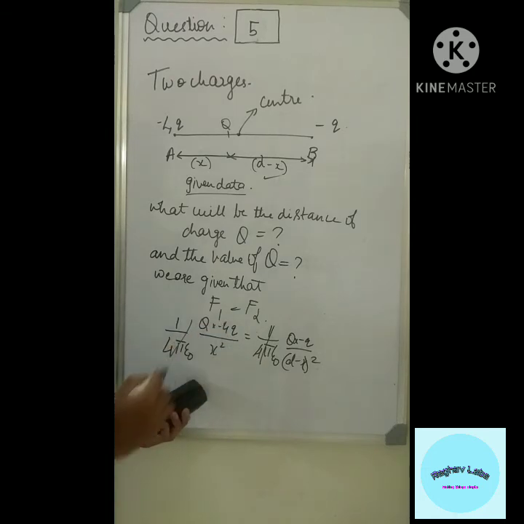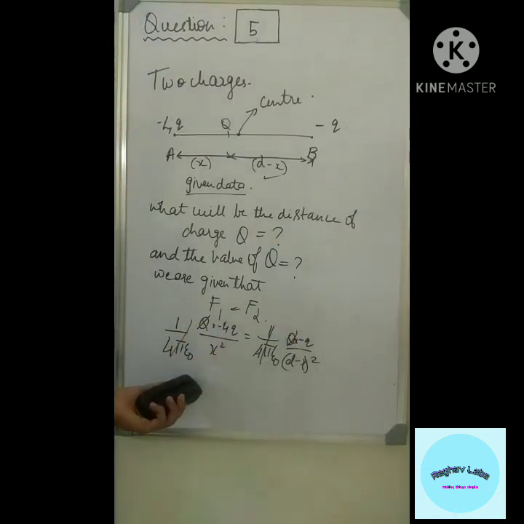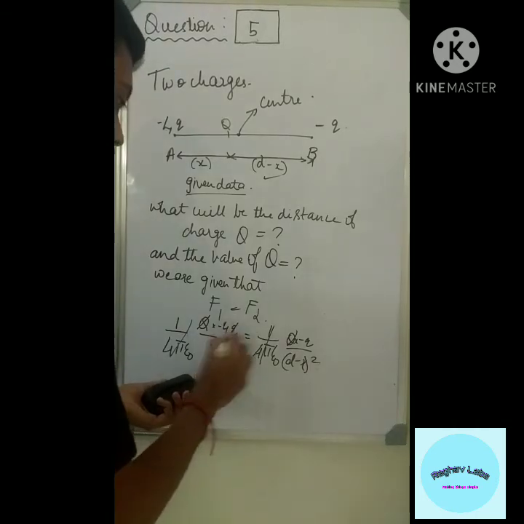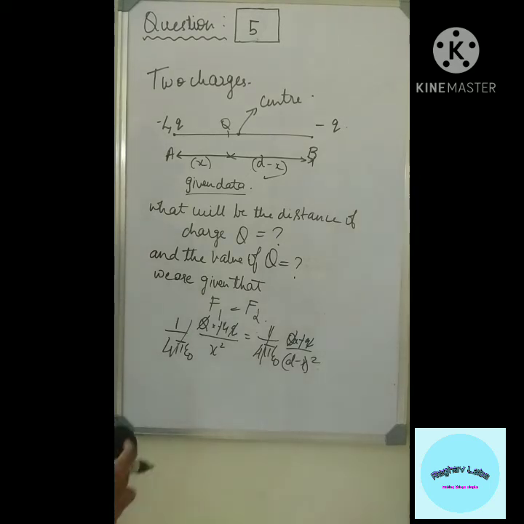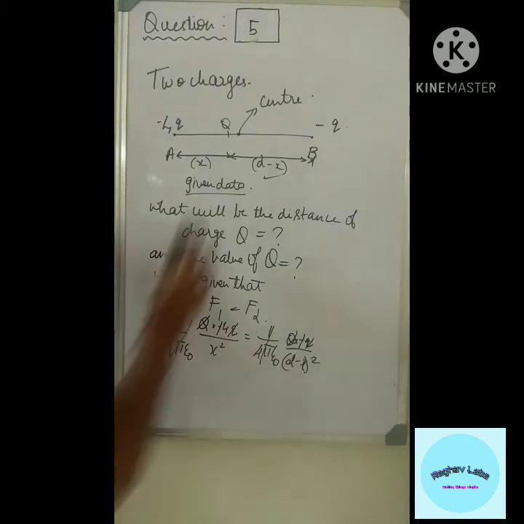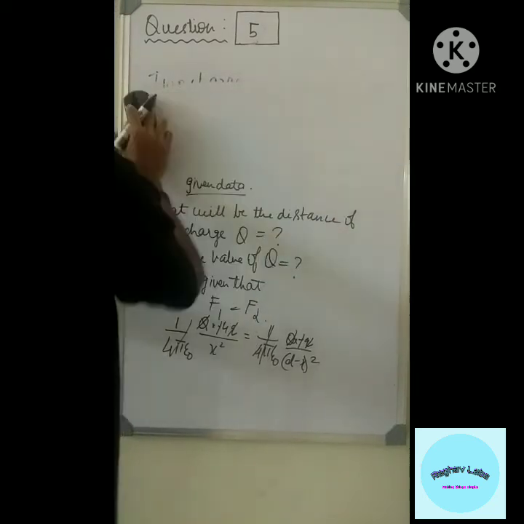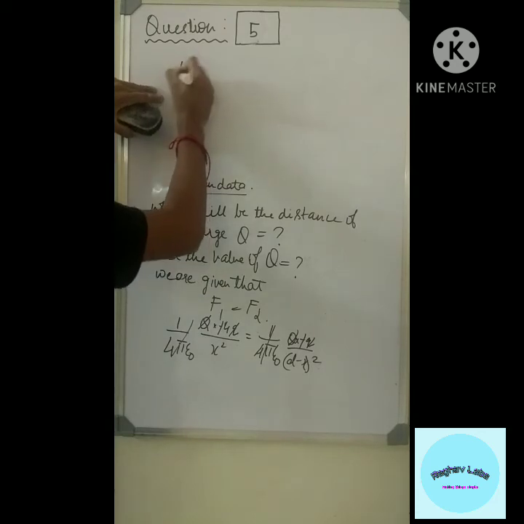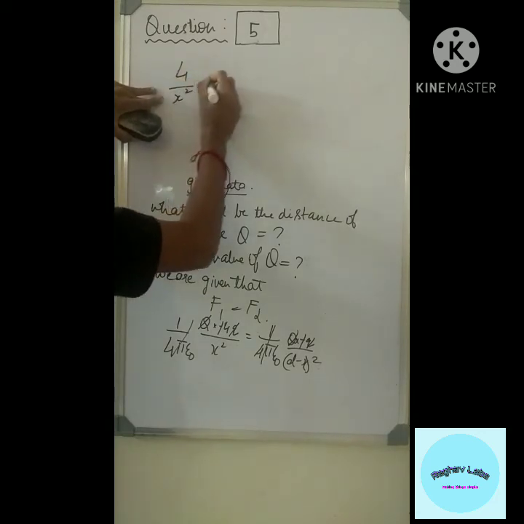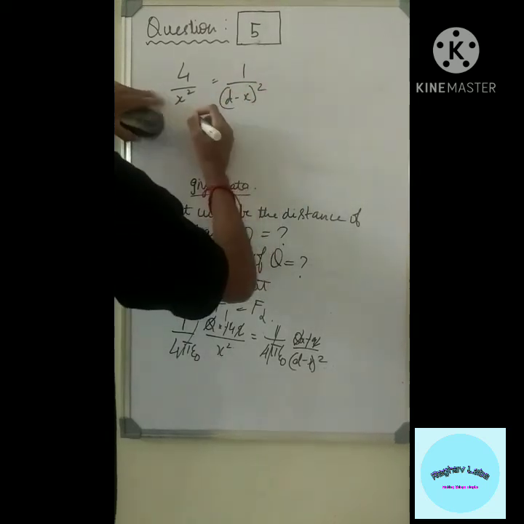So 1 by 4 pi epsilon naught gets cancelled, small q gets cancelled, minus minus gets cancelled. So we are left with, I shall erase the top writings, 4 by x square is equal to 1 by d minus x the whole square.